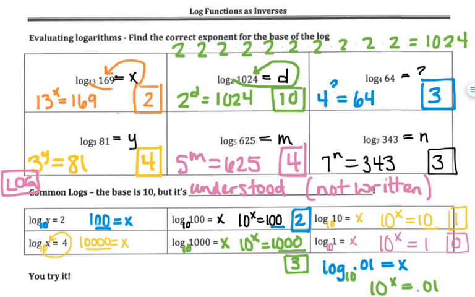For this one, my answer is going to be -2, because I have to move this decimal place 2 places to the right in order to get a 1 again. So my exponent is -2. You can try that in your calculator. 10 raised to the -2nd power gives you 1 over 100, or 0.01. So look out for those in the future. Try the rest of the problems and see if you can get those.